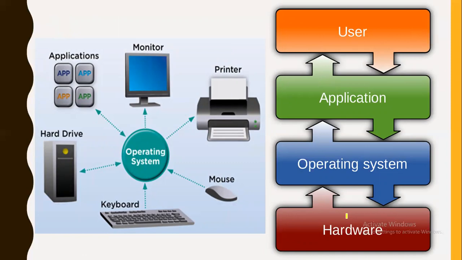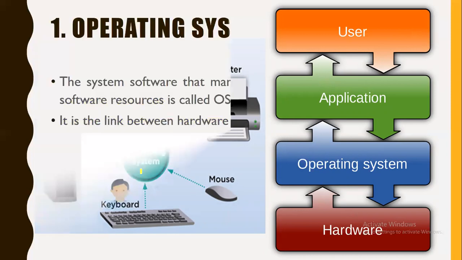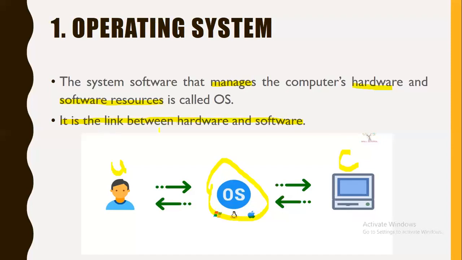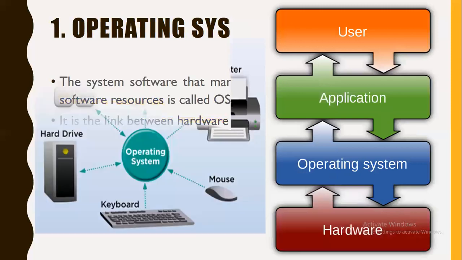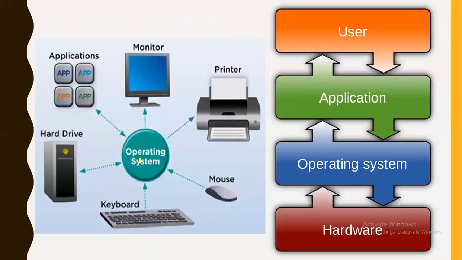So here is a pictorial representation of the concept of operating system. As in the previous slide, we have discussed that it is the link between the hardware and the software. So here you can see that operating system controls all the hardware devices that are attached with the computer and all the software that are installed on the computer.